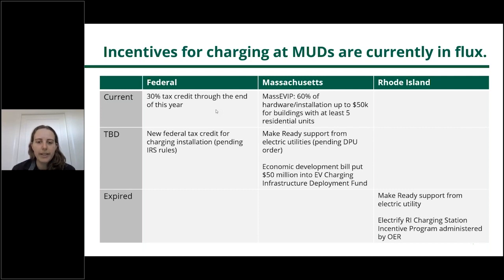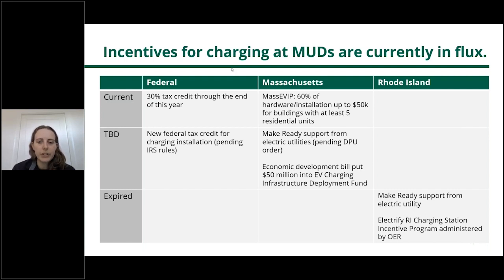So unfortunately, that 5 residential unit limit cuts out a lot of the apartment buildings that are in Massachusetts, all the triple deckers where there's 2 or 3 or 4 units. But it does cover a lot of the larger apartment buildings and condo buildings. So that can really bring down the costs for a property owner.